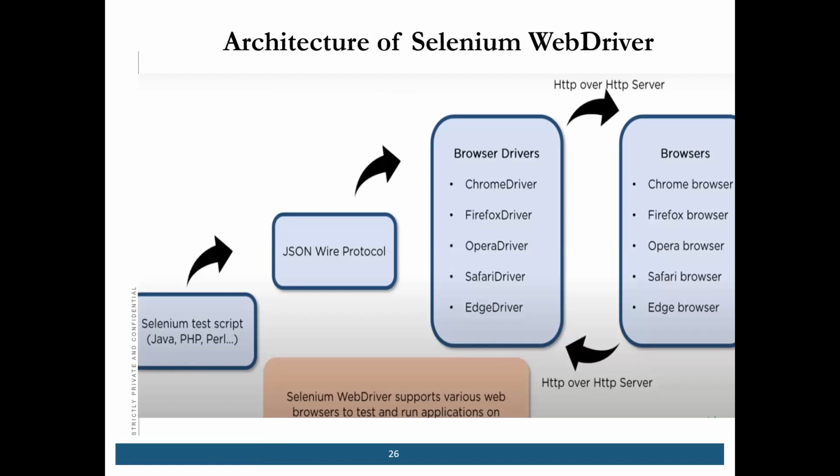Before going to the WebDriver, you should know the architecture of the WebDriver. We write the Selenium test script. Then those test scripts are converted to JSON commands, and then it will use the drivers.